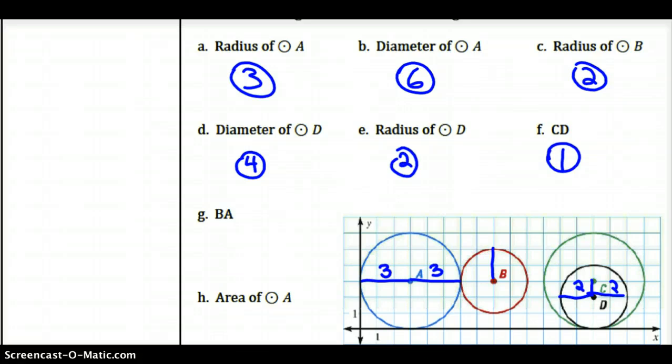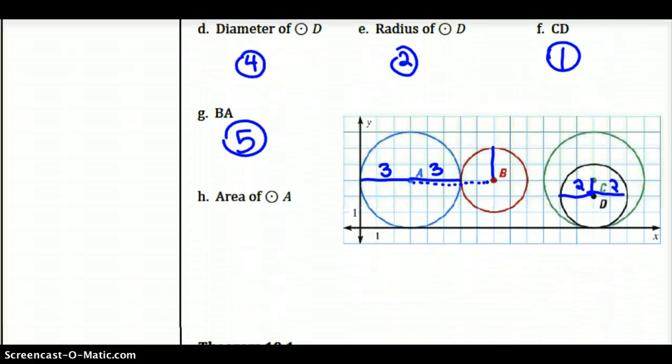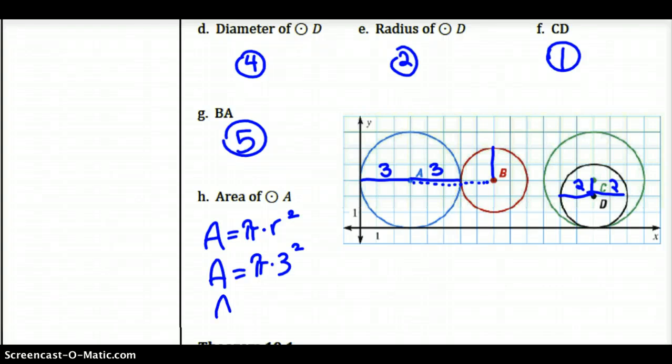CD's distance is 1. BA's distance is right here. That looks like 5. And the area of a circle, you should recall from your past mathematics, is pi r squared. In this case, my radius for A is 3, so we could call that 9 pi, or about 28.3, in square units.